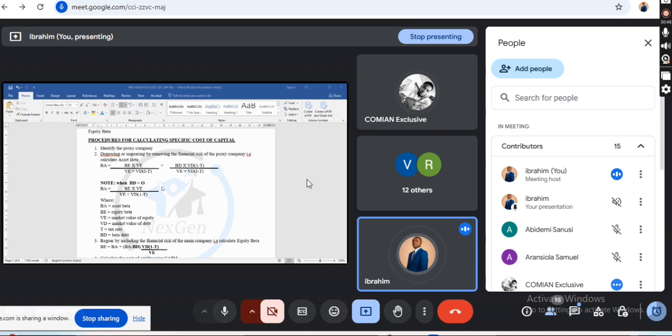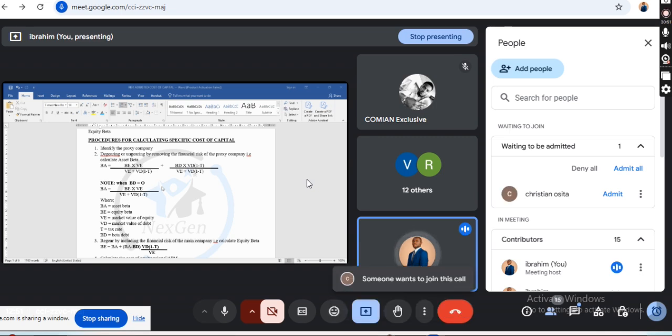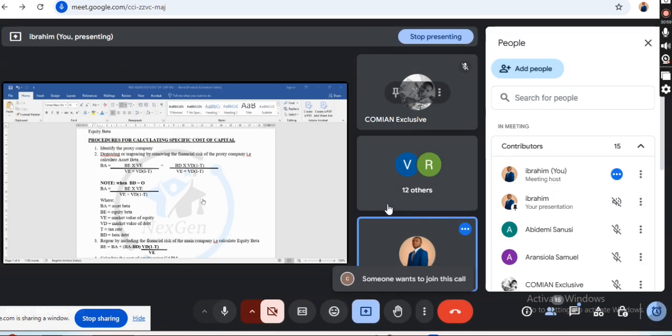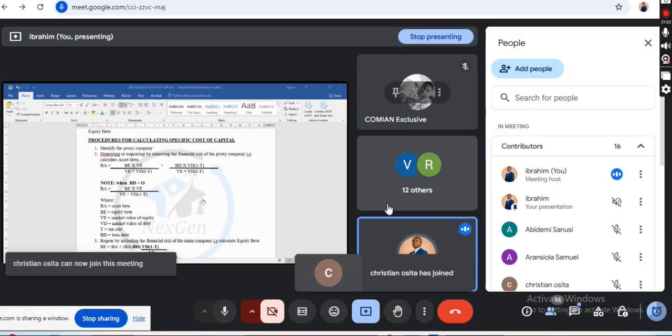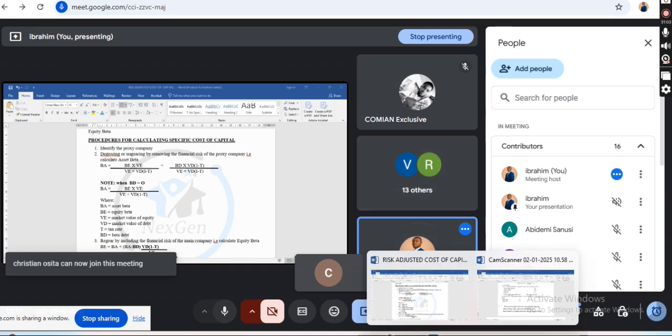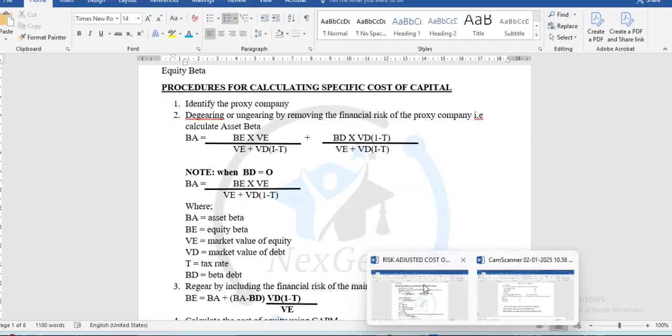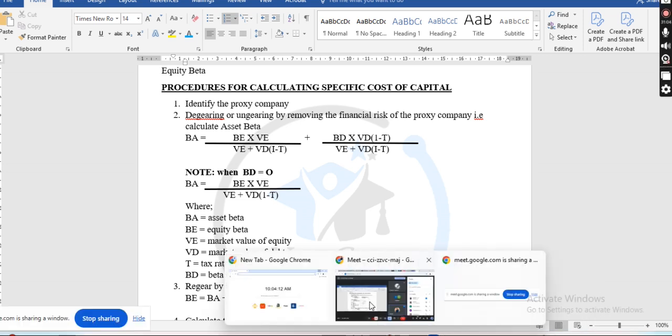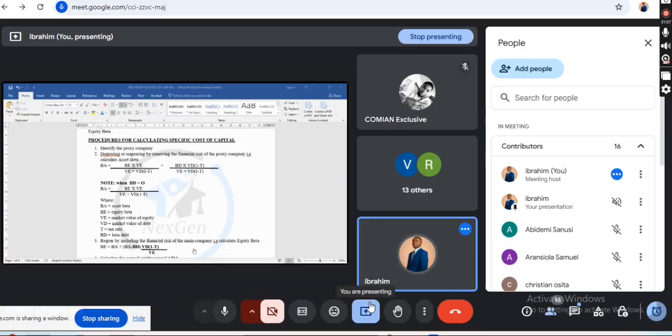You can't skip any step unless that one is given to you in the question. That is when you can say, oh, you want to skip this step because it is given to you in the question. Class, can we move on now? Are we good? Yes, sir. Let's move on, sir.